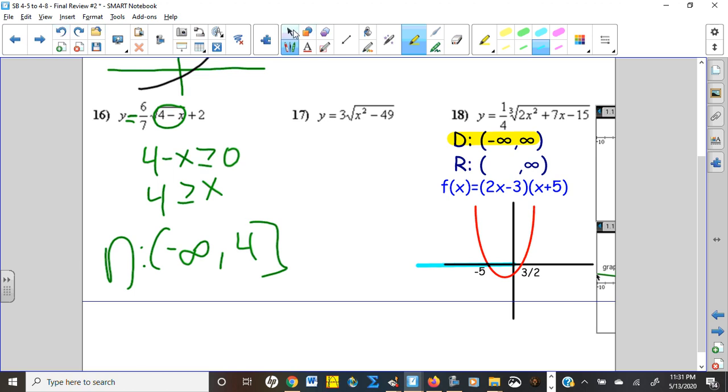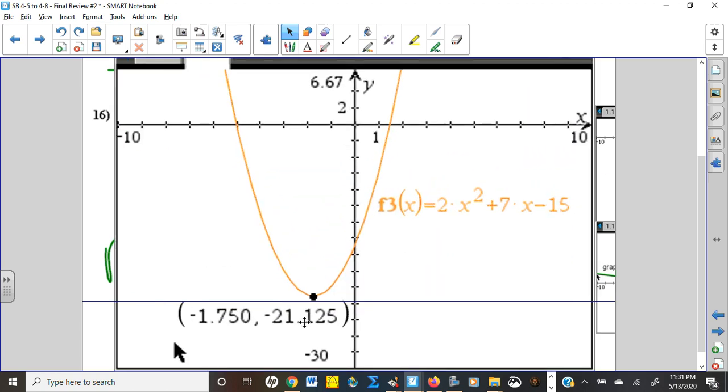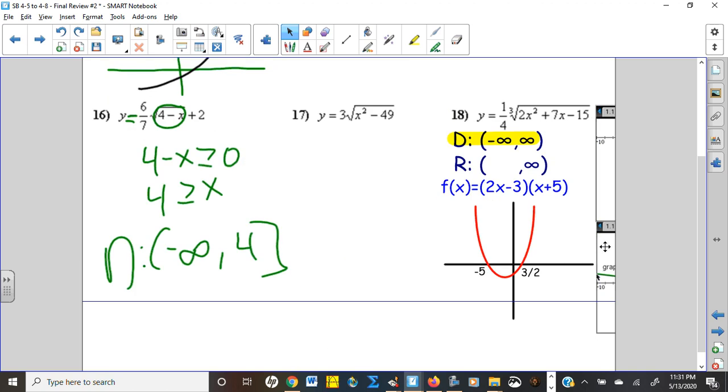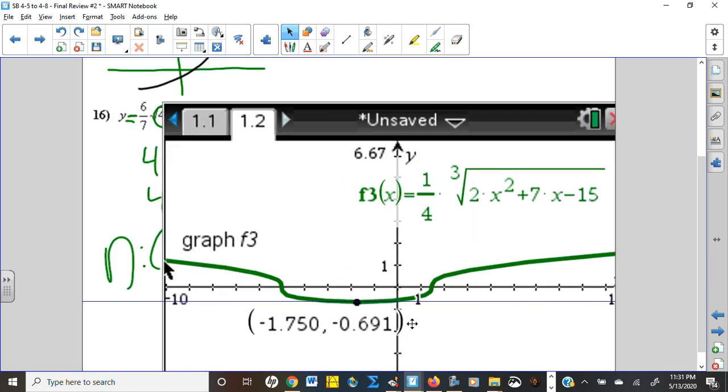And so what I did on this one is I actually graphed the actual function. We could have got that lowest value by putting in that negative 21.125, or I guess technically just put the negative 1.75 into the full function and get it. But I actually graphed the full function, and you can see exactly what we're talking about.